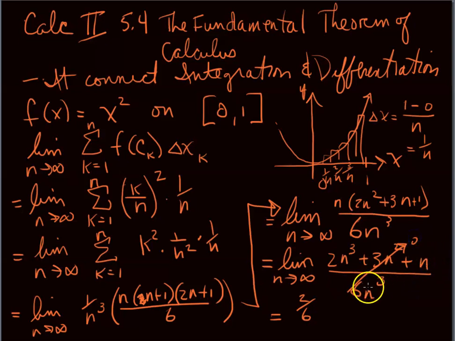And then you get n over 6n cubed, which is 1 over 6n squared, which goes to 0. And this just adds up to 1/3. So that's finding the Riemann sum. It took like half a page. So let's do that without the Riemann sum.